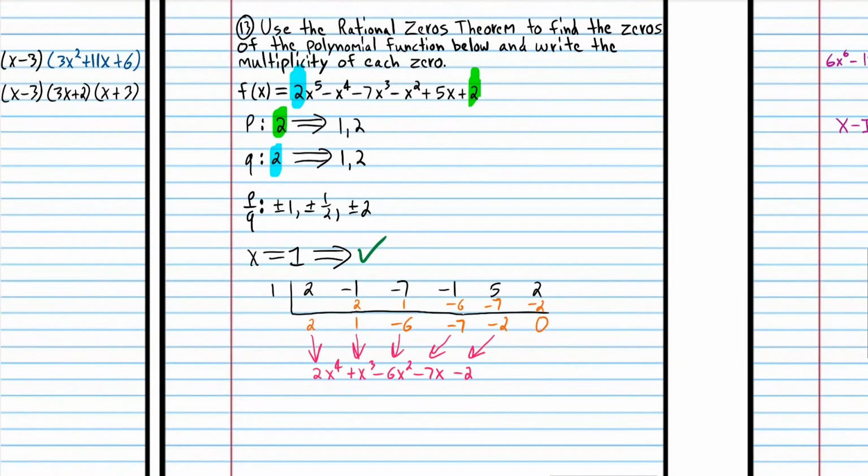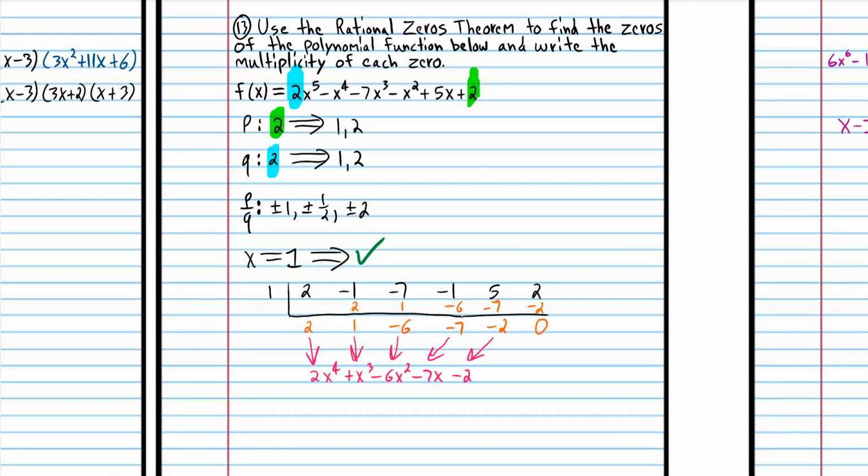So now what do we do? Well, you're going to plug in another number. Using these numbers here, you're going to plug in another number to your depressed expression and see if you can find another 0. So go ahead and do that.